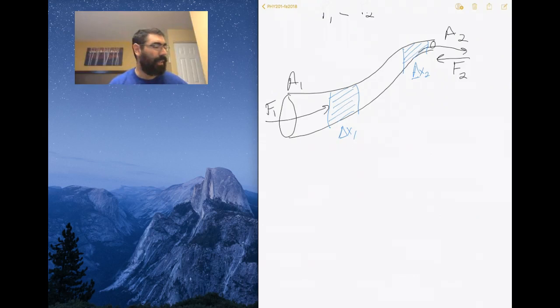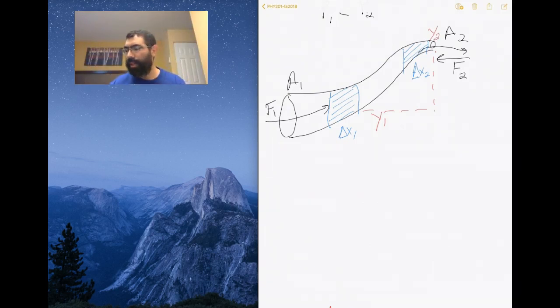So we're going to set up a low pressure and a high pressure side of the pipe. The thing that we're adding to this problem that we didn't have before is that we now have a height differential. The volume at A1 is going to be at a height of Y1, and over here, this height is going to be at a height of Y2.